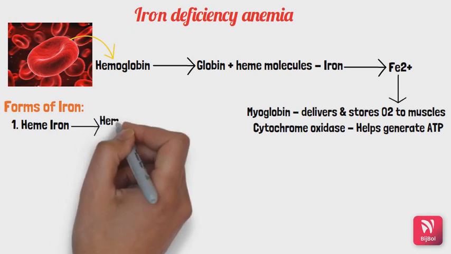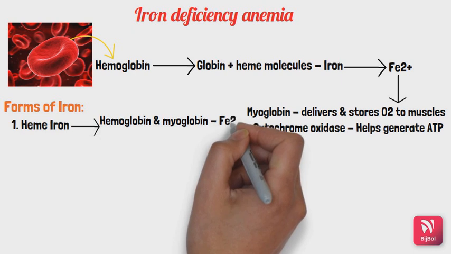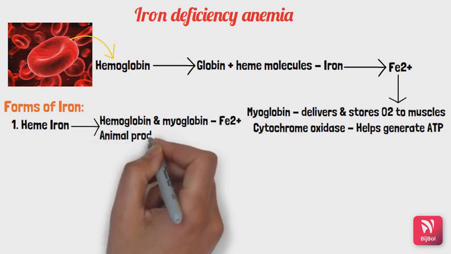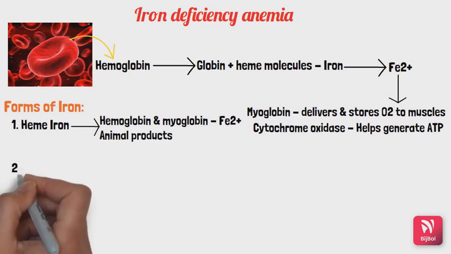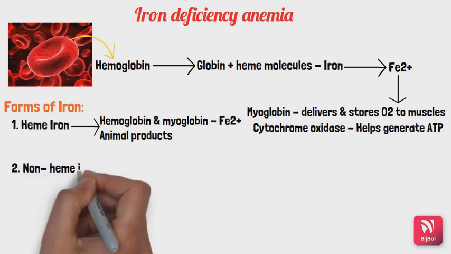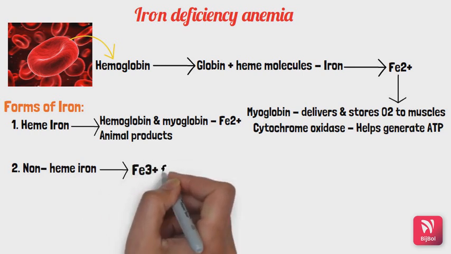This heme iron is present as a component of hemoglobin and myoglobin, and it is derived from animal products. The other form of iron is non-heme iron, which is present in the ferric state, Fe3+, and this is derived from plant products.